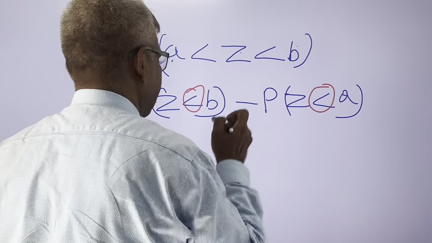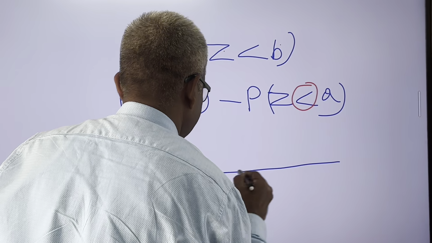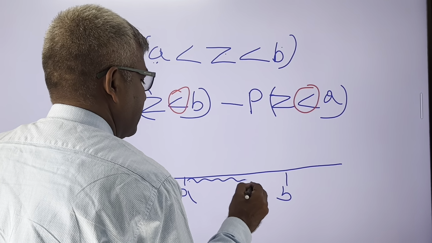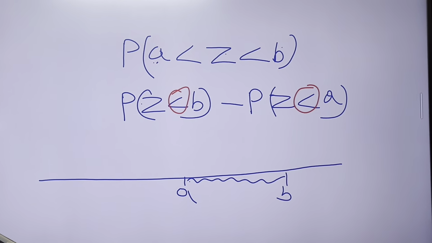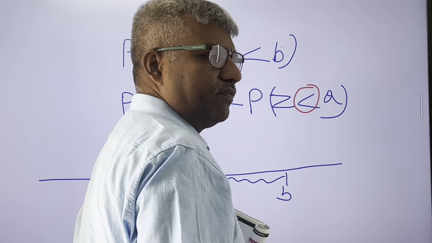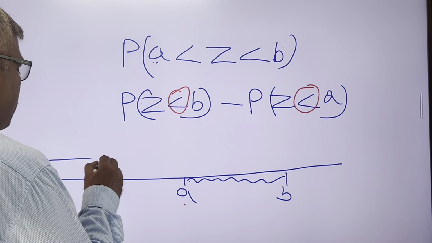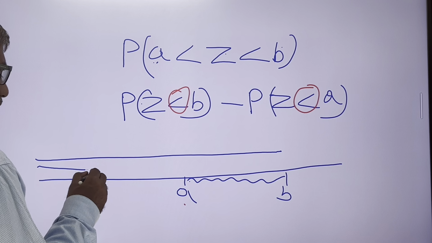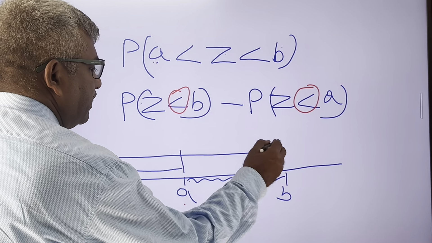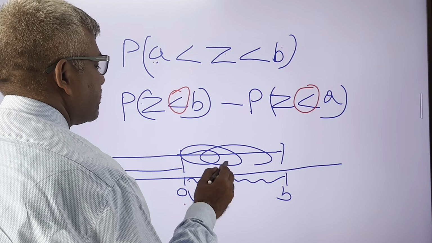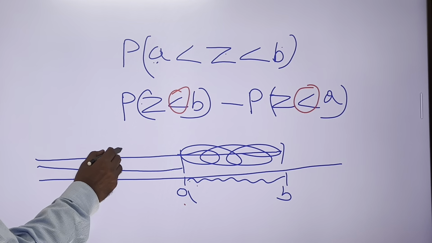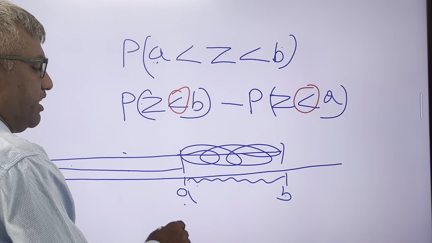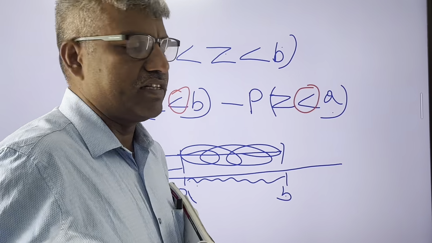Okay, what does that mean? You please get it. This is A, this is B. They want this area. Okay, we cannot find this to this area. How to find? First to find this area, then find this area. So this minus this one, we will get it. So that is one, probability of Z is less than B minus probability of Z is less than A.